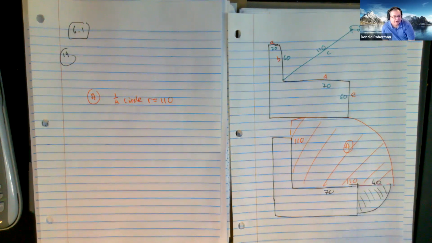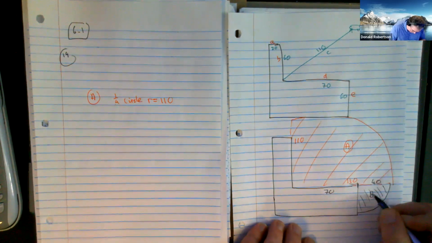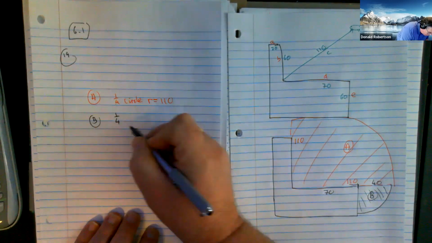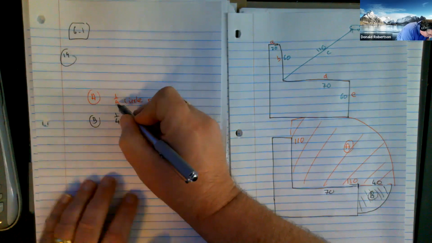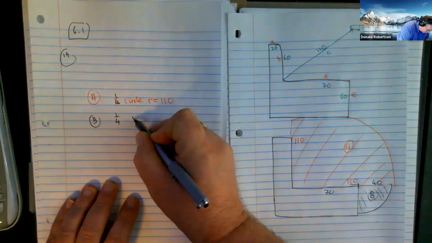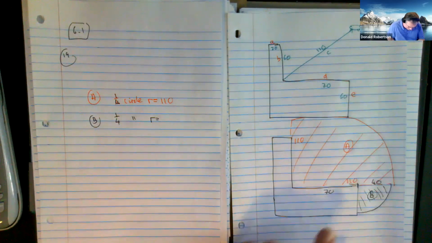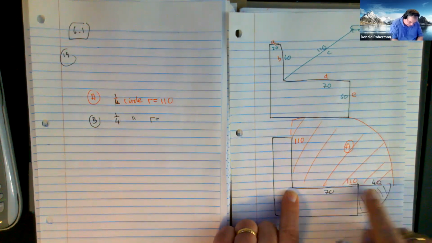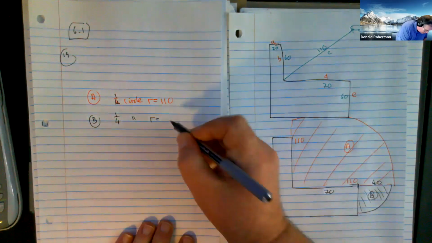Agreed? And that I'm going to call B. And so B is a quarter of a circle, and the radius of that circle would be 40. And the reason it's 40 is the whole thing's 110. If that's 70, the bit that's left over is 40.